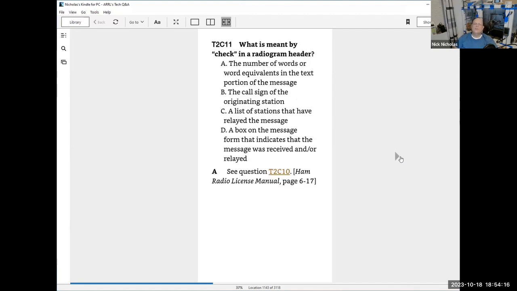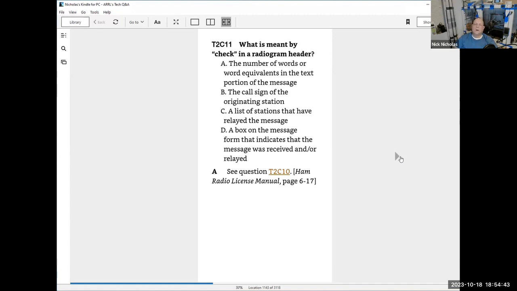What is meant by check in a radiogram? And the answer here is the number of words or word equivalents in the text portion of the message. Now, what are word equivalents? Well, if you've got abbreviation groups in there that represent a word, they're not a word, but they're a word equivalent.